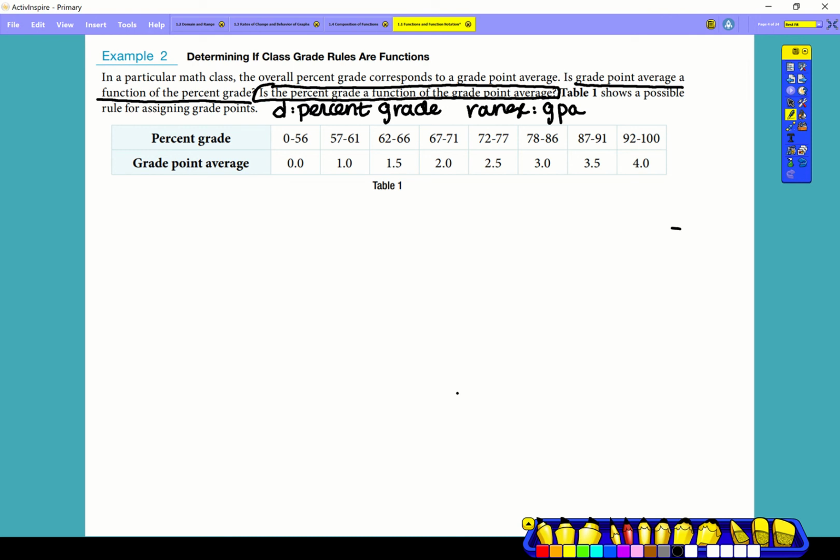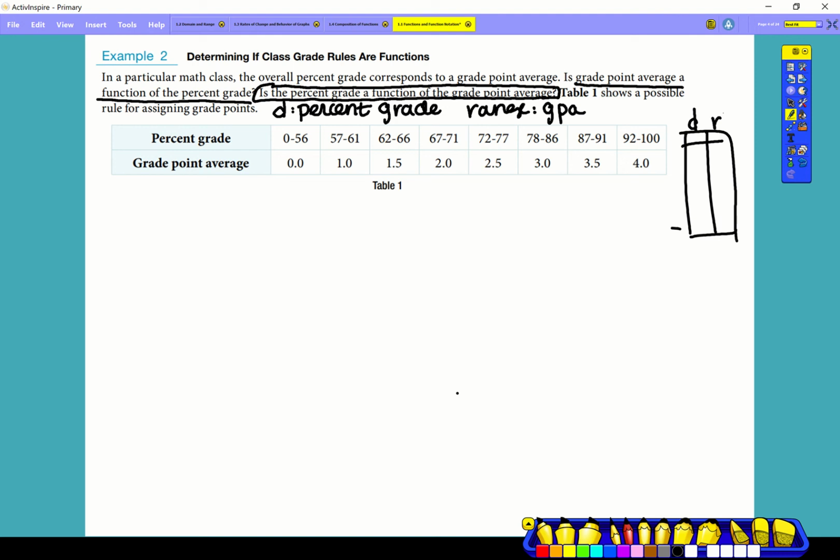Since I have my percent grade up top, I would recommend always putting your domain or your inputs up top and your ranges on bottom. Or if you were to make it in something like this, this is your domain and that's your range. That is the most logical. That is what you will see everywhere.